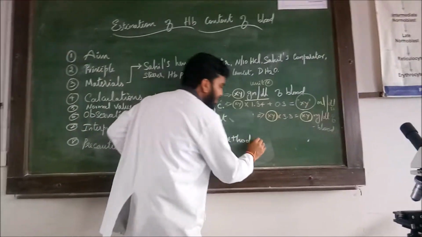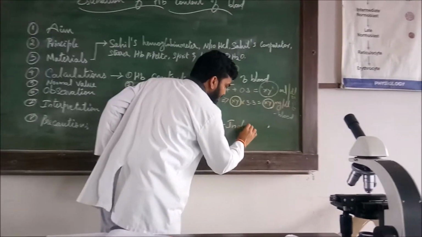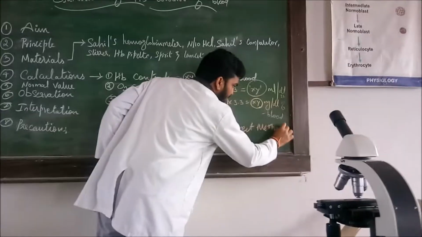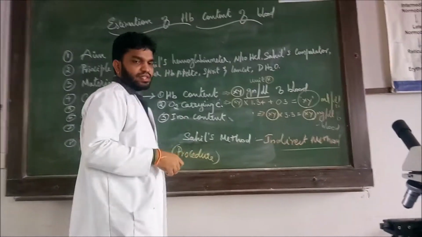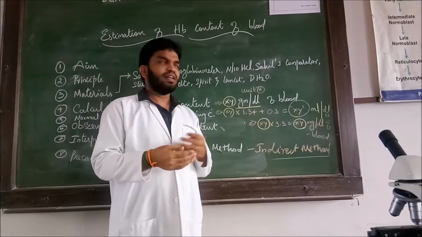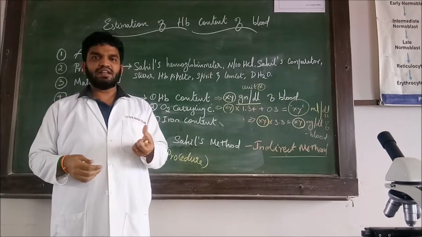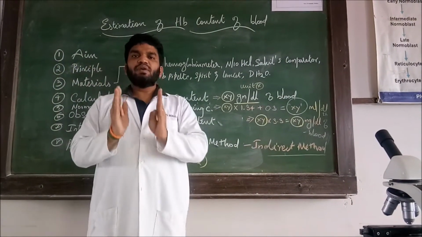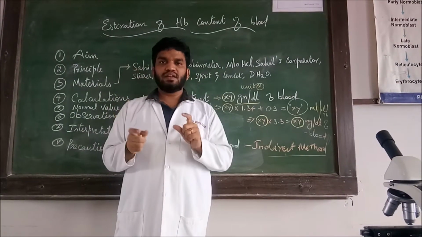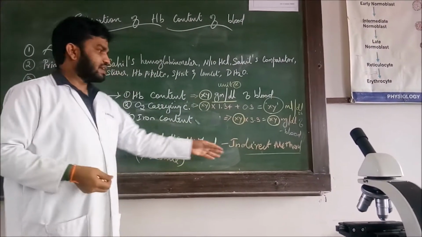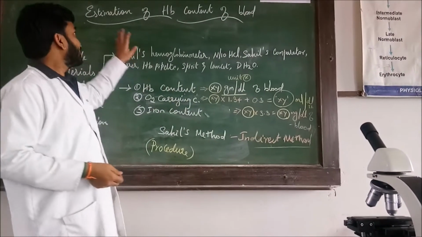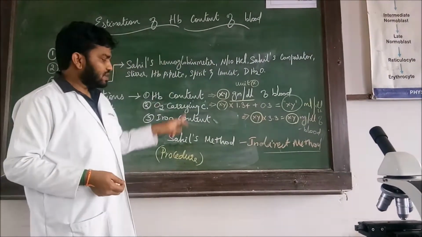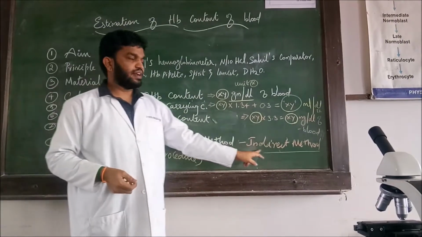This is an indirect method. Why? Because we compare the color of the acid hematin in the hemoglobin pipette with the colorimetric rods that are already there. Remember, for estimation of hemoglobin content of blood, Sahli's method is an indirect method.